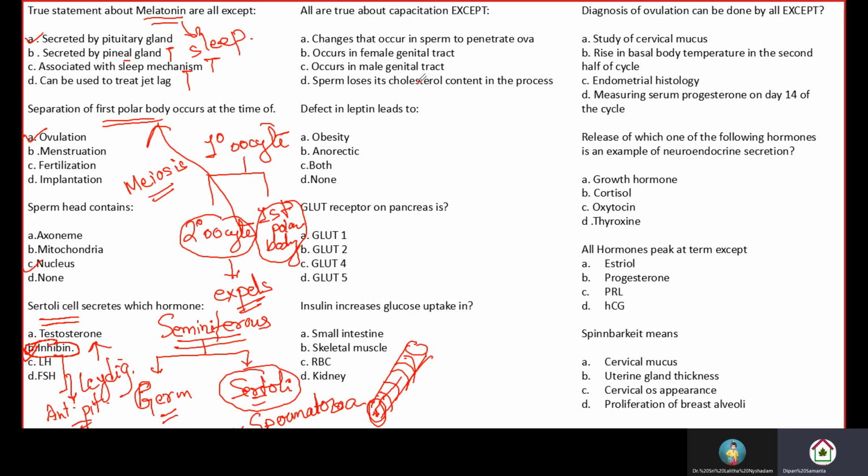Okay, that is capacitation. So does it occur in the male genital tract? No, it occurs in the female genital tract. This is correct.